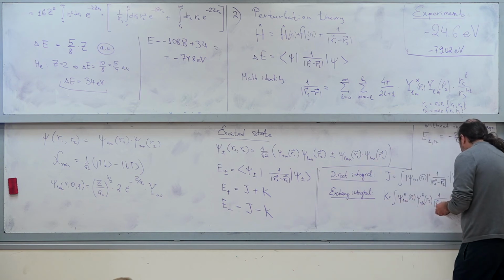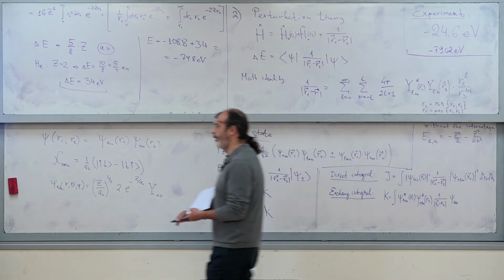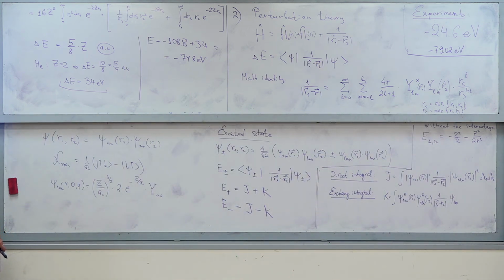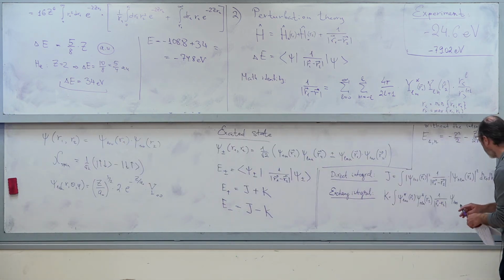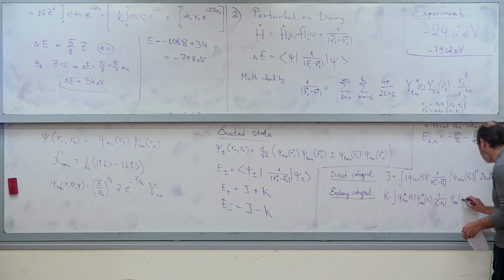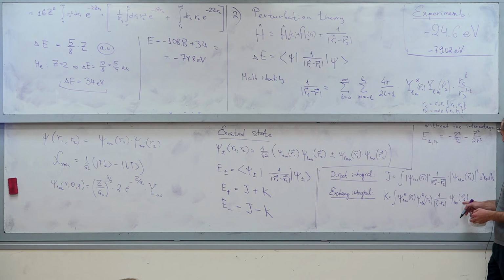And here I have ψ100 of R2, to find the second electron on the orbital 1,0,0, and the first electron on the orbital nlm at R1. And this should be d3r1, d3r2.